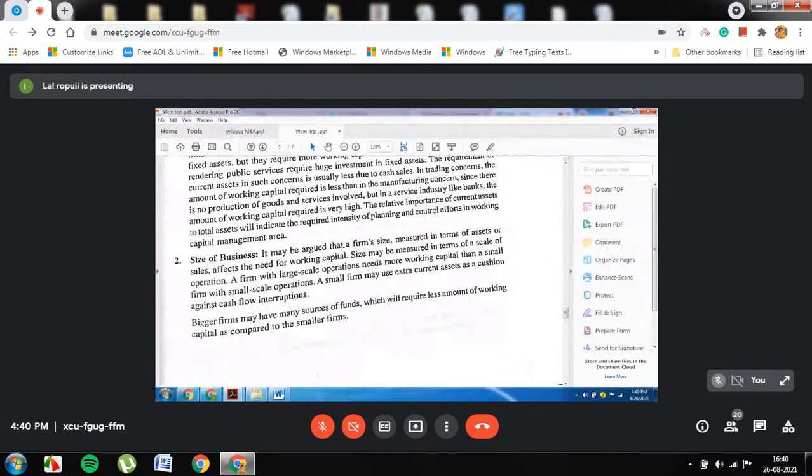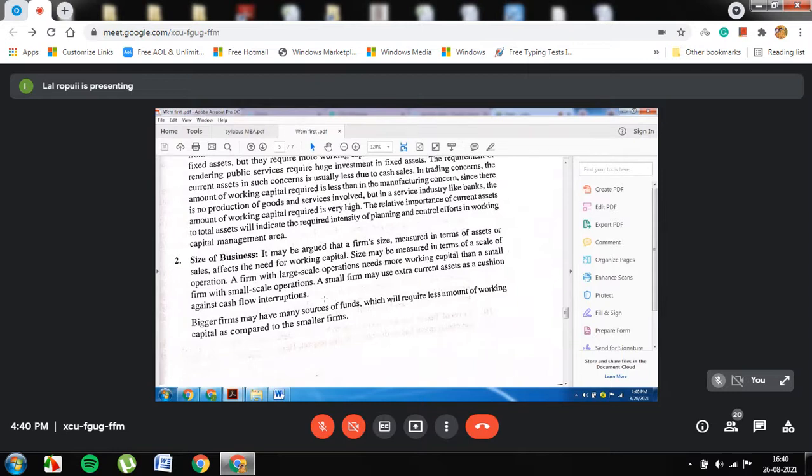For example, it may be a good idea that a firm's size, measured in terms of assets or sales, affects the need for working capital, okay? But size may be measured in terms of scale of operations. So a firm with large scale operations needs more working capital than a small firm with small scale operations.